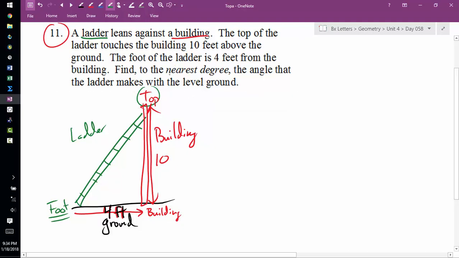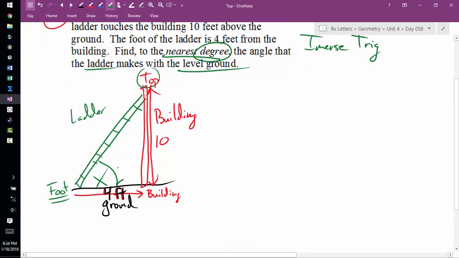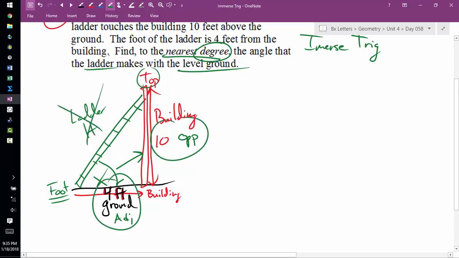Here we go. They want us to find, to the nearest degree, that's a whole number, the angle that the ladder makes with the ground. So we want to know that angle there. This is inverse trig. And I need the trig function that's going to use the opposite and the adjacent, because my hypotenuse is not used.